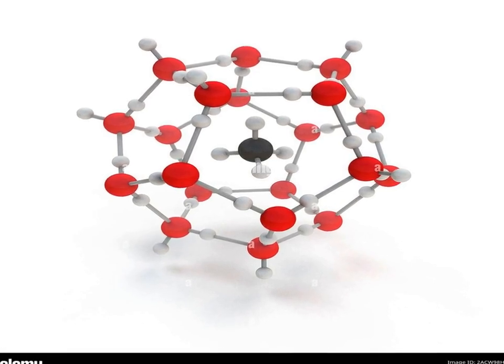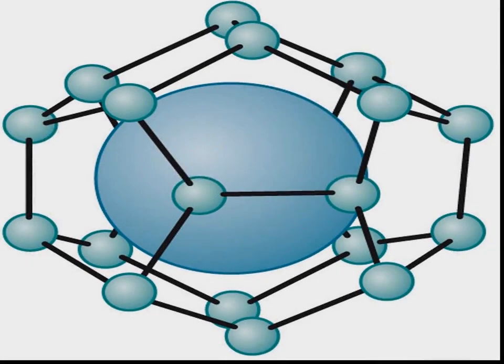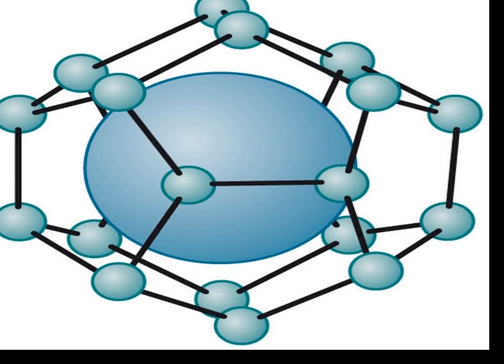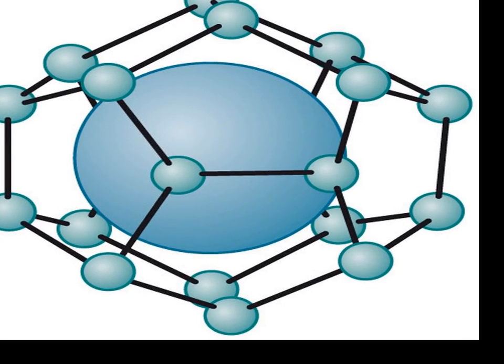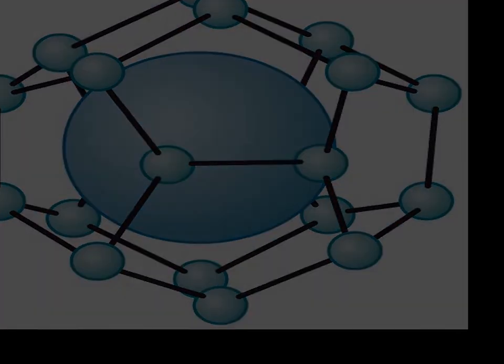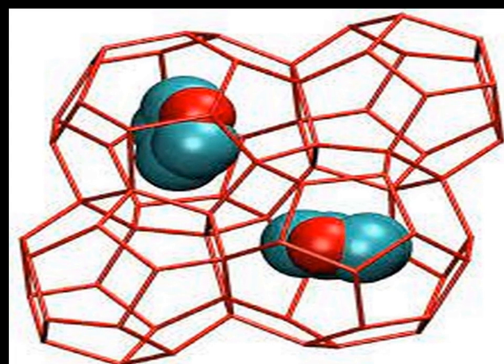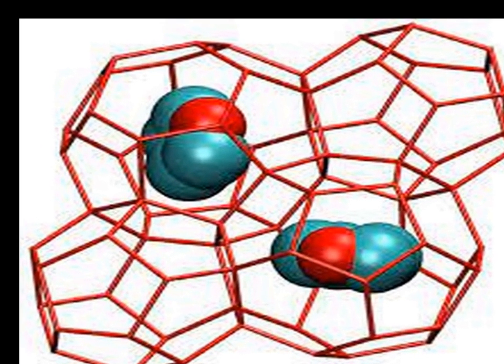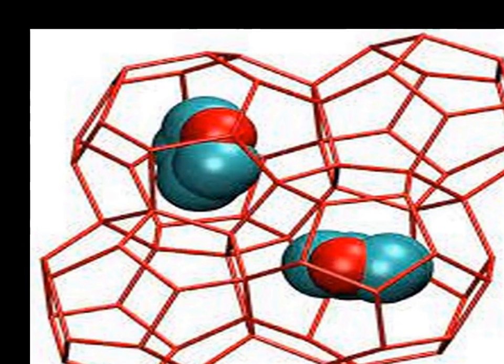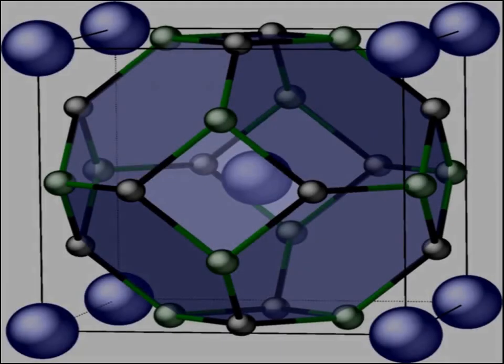One of the most well-known types of clathrates is gas hydrates, in which water molecules form a crystalline lattice that traps gas molecules like methane, ethane, or carbon dioxide. Methane clathrate, also called methane hydrate, is a naturally occurring substance found in ocean floor sediments and permafrost regions.